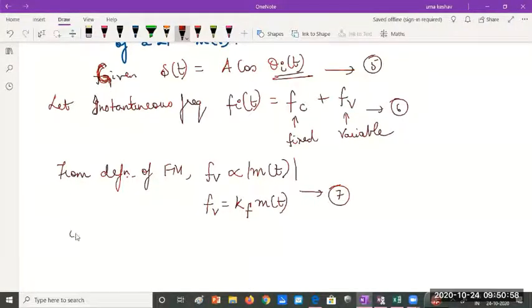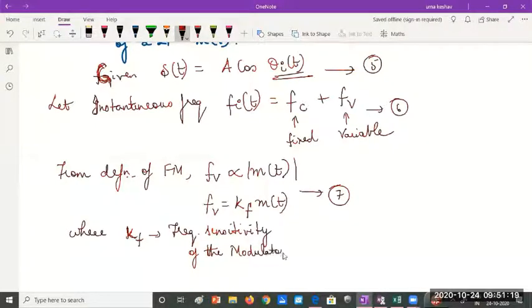Equation 7, where what is Kf? What should it be called? Just like in the previous case, it should be called frequency sensitivity. It represents the frequency sensitivity of the modulator. And what is the unit?